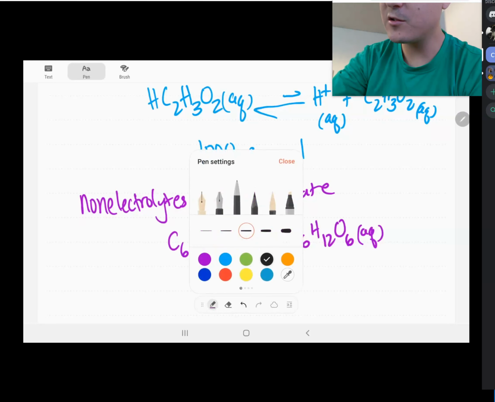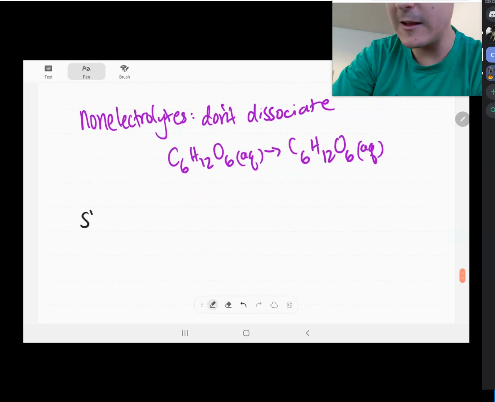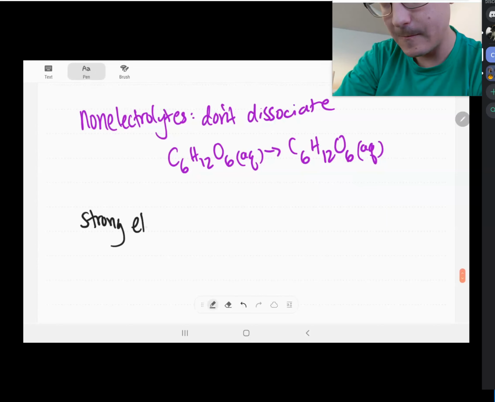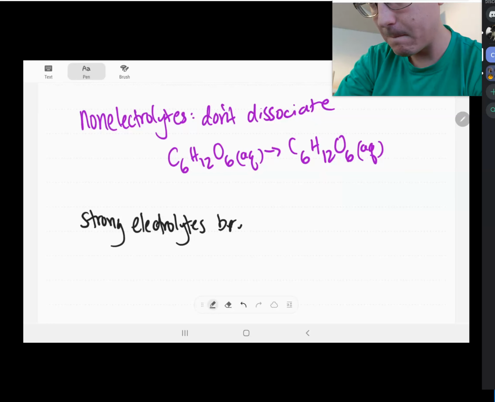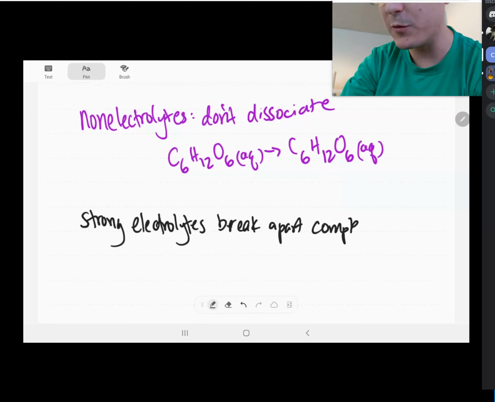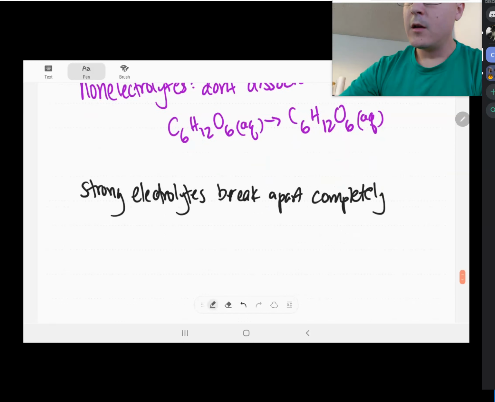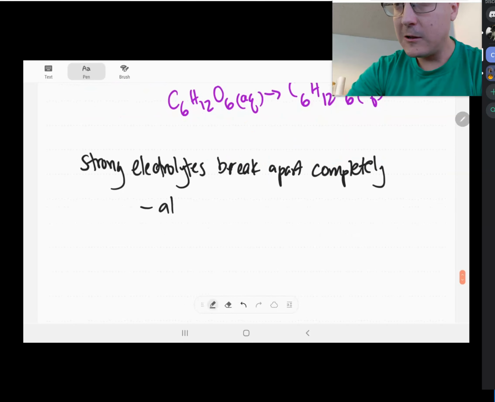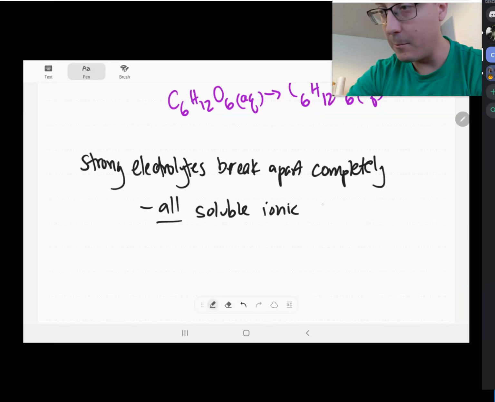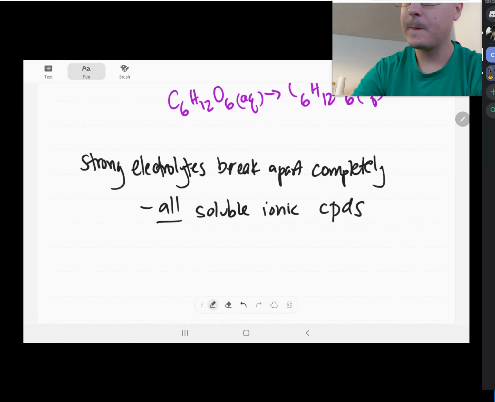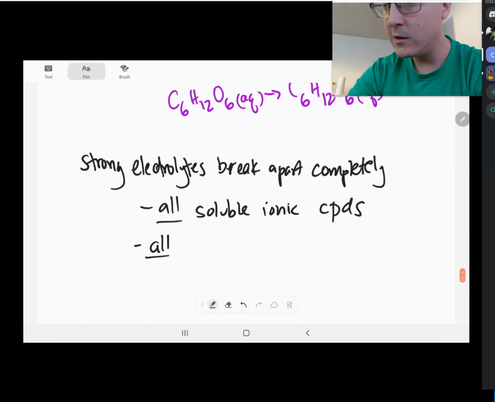Okay, so back to strong. So remember that strong electrolytes break apart completely. This will be important for when we talk about chemical reactions. Okay, so remember this is all soluble ionic compounds and all strong acids.